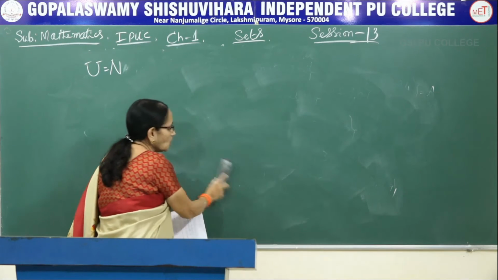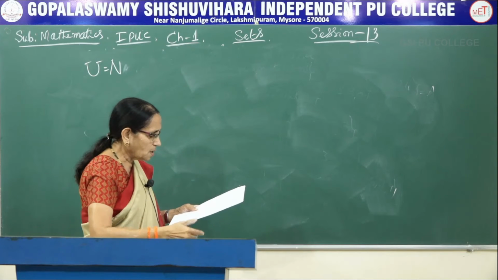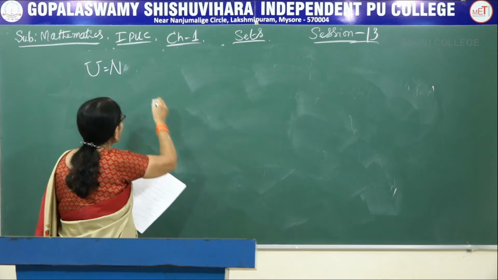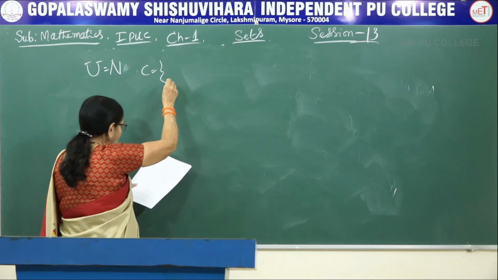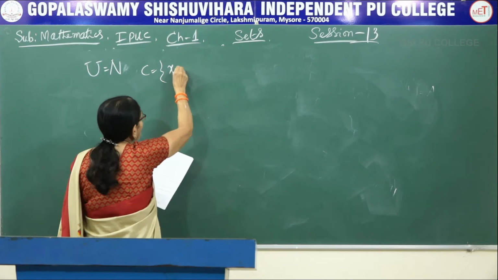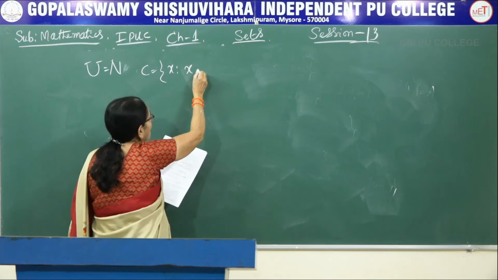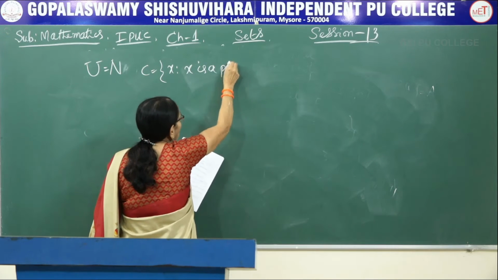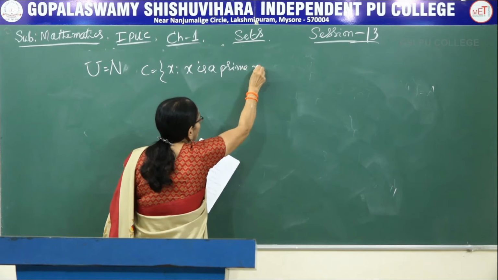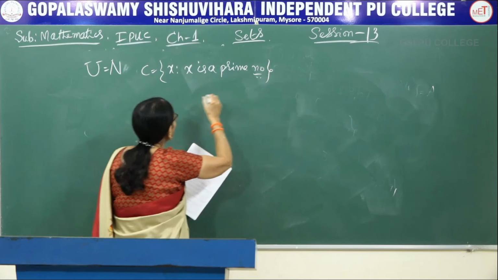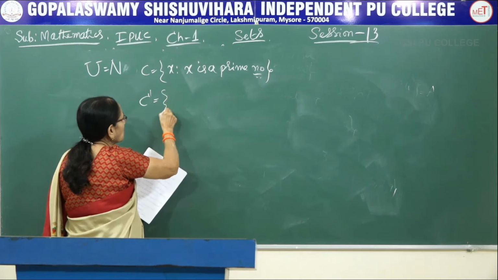Now, the next is, here carefully you write, the set C contains all x such that x is a prime number. A little bit careful you have to be in this problem.